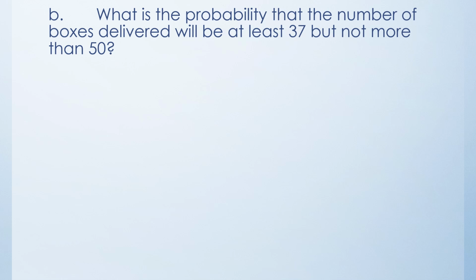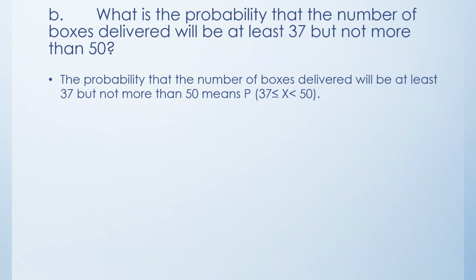Letter B. What is the probability that the number of boxes delivered will be at least 37 but not more than 50? The probability that the number of boxes delivered will be at least 37 but not more than 50 means X is less than 50 but greater than or equal to 37.